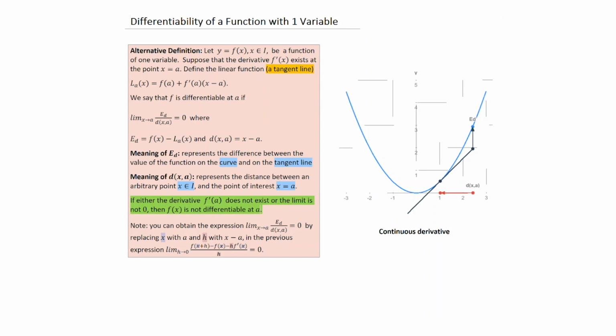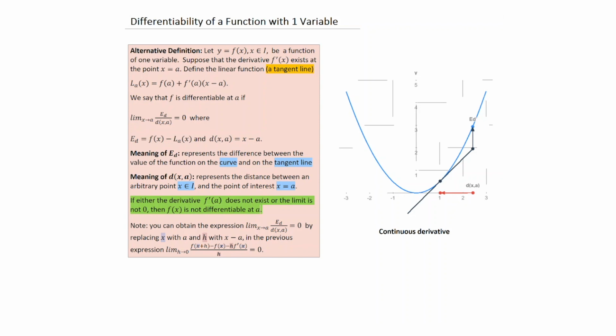We say that f is differentiable at a if the limit as x approaches a of E(x) divided by d(x,a) equals 0, which we'll explain next. E(x) is the difference between the function evaluated at x and the linear approximation to the function at a particular position x.